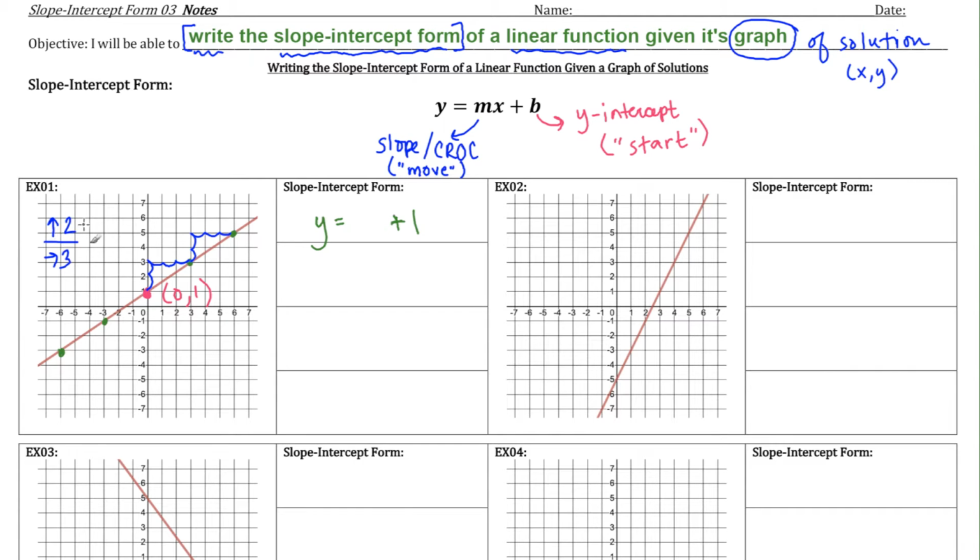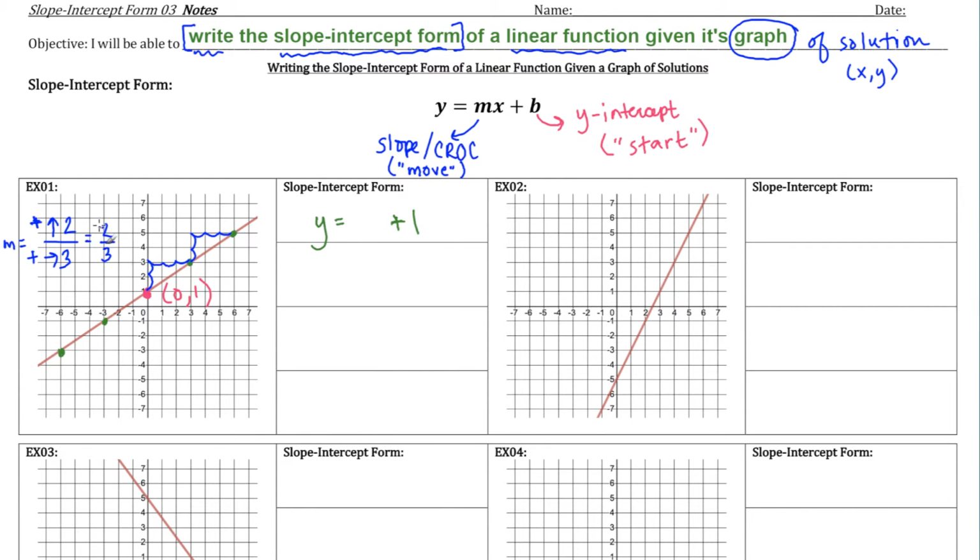So up means positive, and right means a positive change. So positive over positive is a positive. Those of you that want to make sure you know what we're finding, remember we're finding the slope. So if you want to put m, m equals up 2 over right 3, so positive over positive, which is a positive.